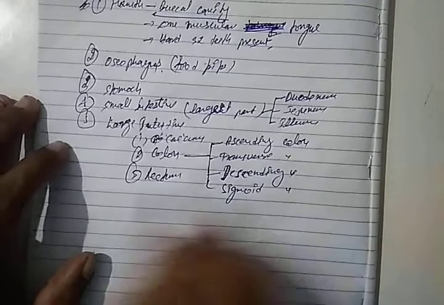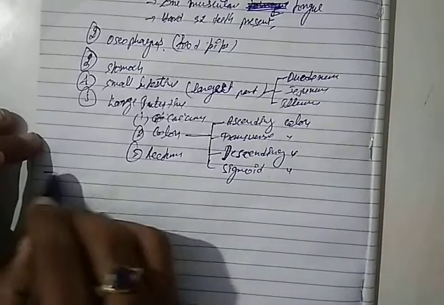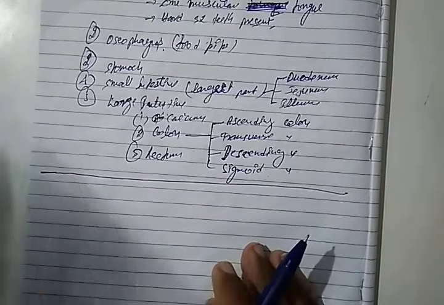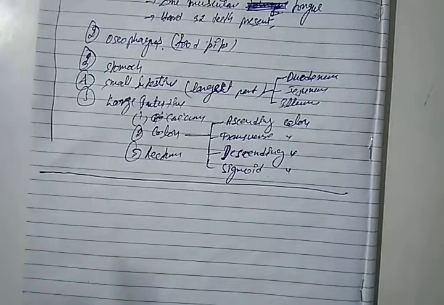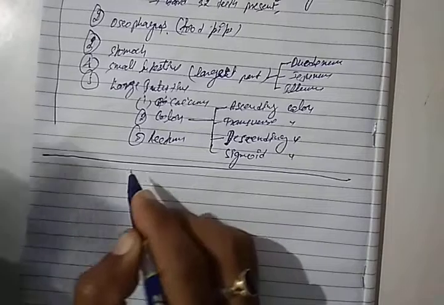Okay, now finally these are the parts of the human alimentary canal. Next, the nutrition in human.